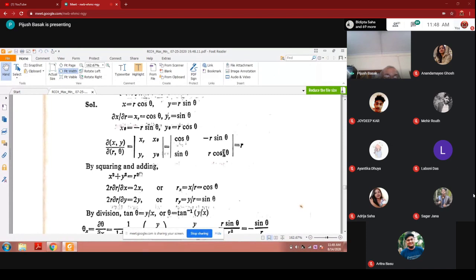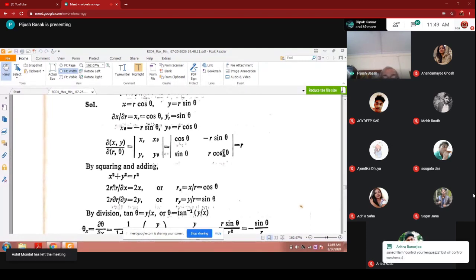So r x is equal to x by r, which is cos theta. Similarly, r y is equal to y by r, that is sin theta.